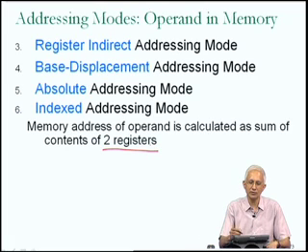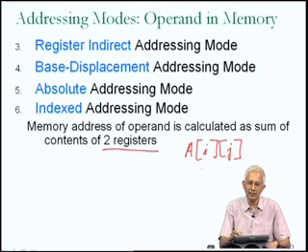It turns out that this addressing mode is very useful for programs, for example, which have references to arrays. For example, if I have a C program in which there is a two-dimensional array called A, you know that a reference to A will require two subscripts, the row subscript and the column subscript.